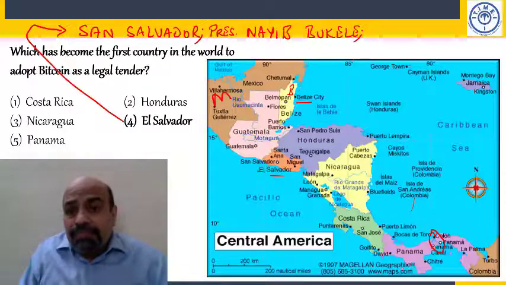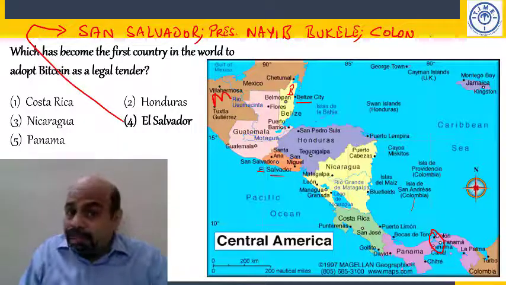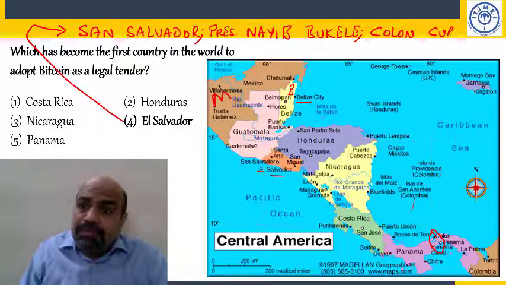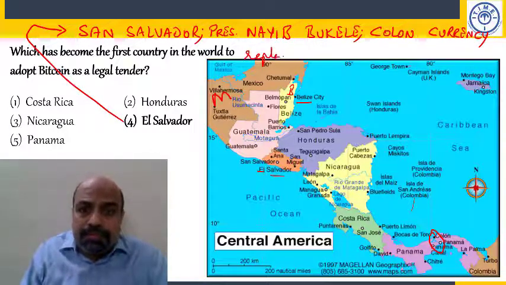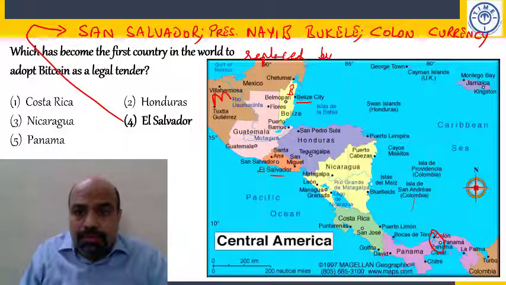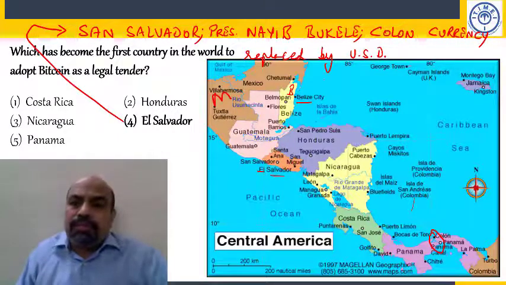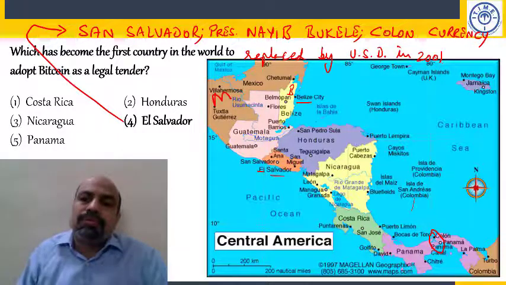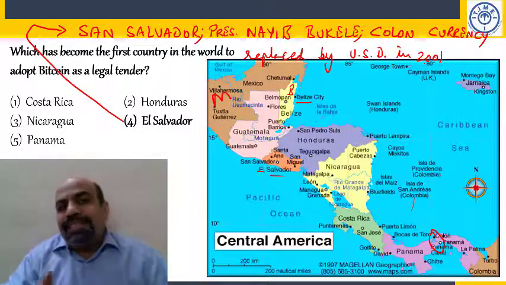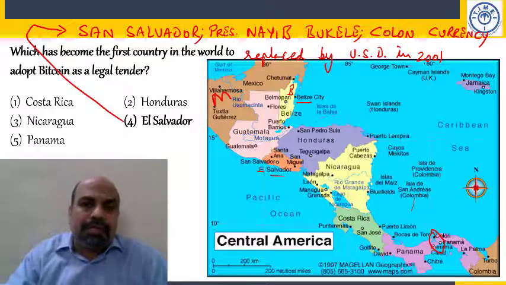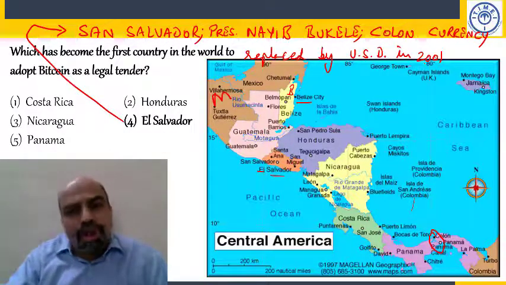See, earlier, you could write this: the name of the currency was colon, replaced by the US dollar, USD it's called, in 2001. So the current currency of the El Salvador nation is the United States dollar.